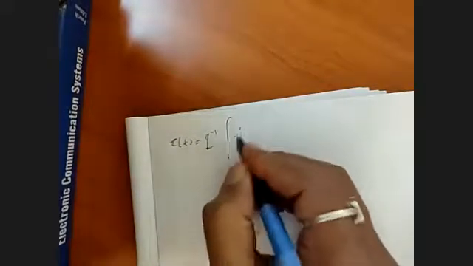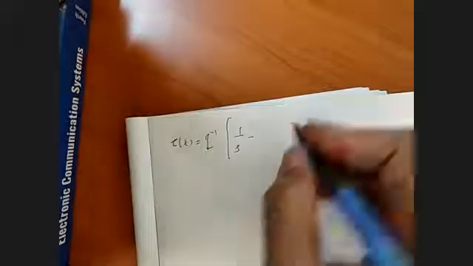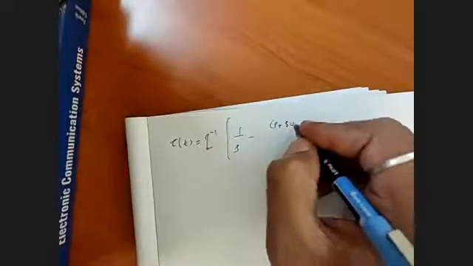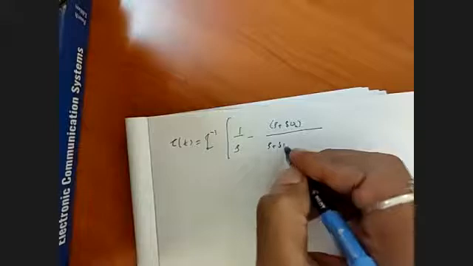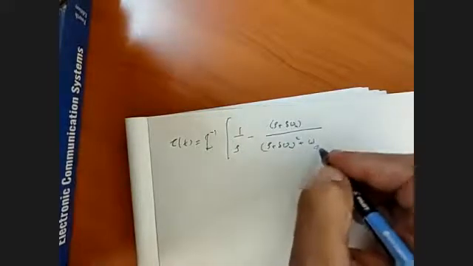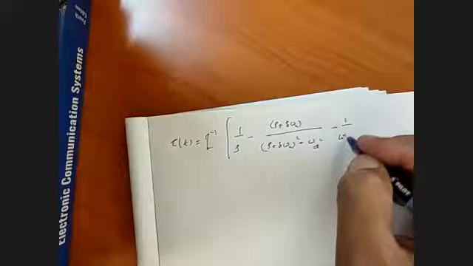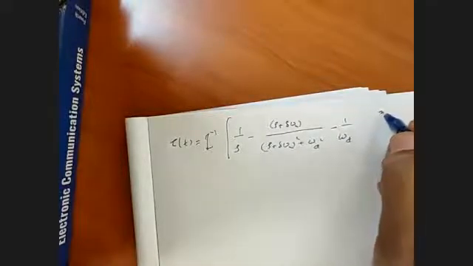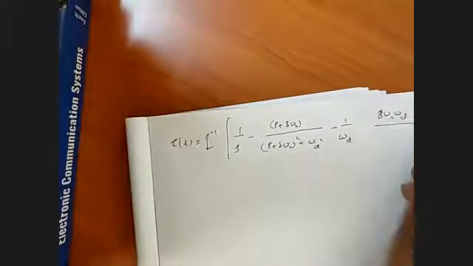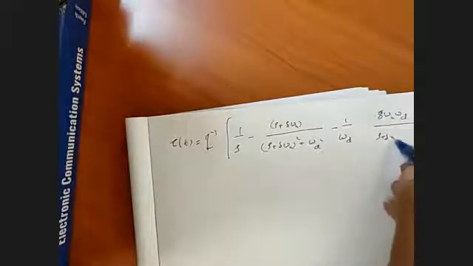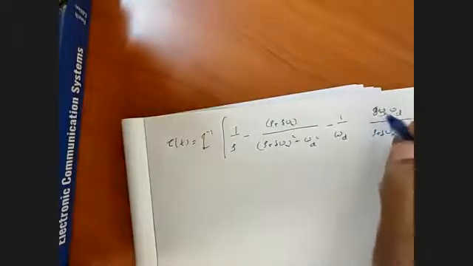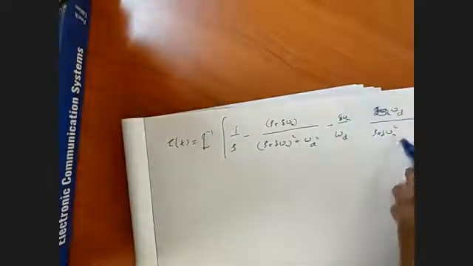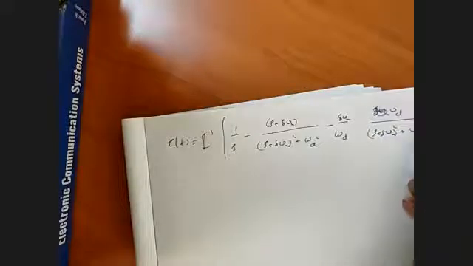So when we take the Laplace inverse, it is the Laplace inverse of 1 upon s minus (s plus delta omega n) upon (s plus delta omega n) square plus omega d square, minus delta omega n upon omega d, times omega d upon (s plus delta omega n) square plus omega d square.